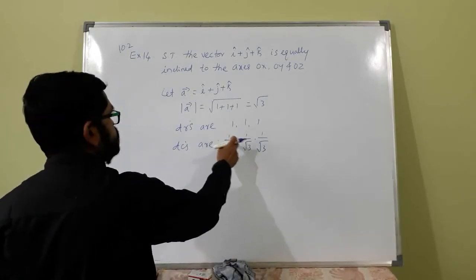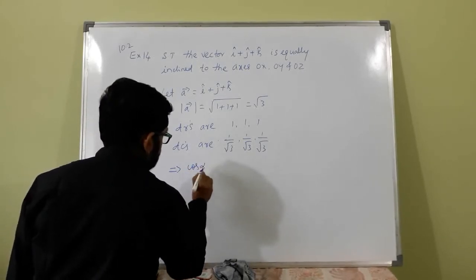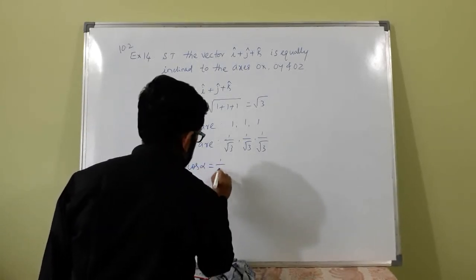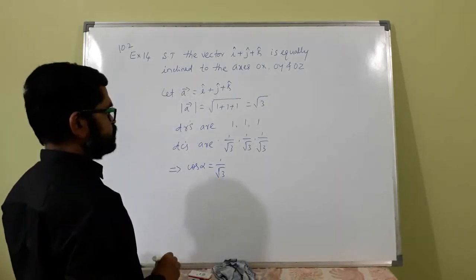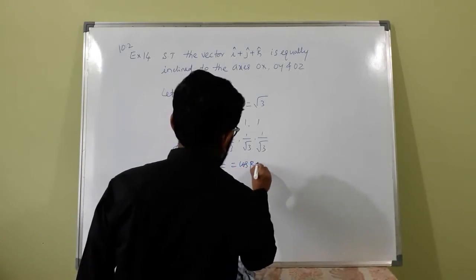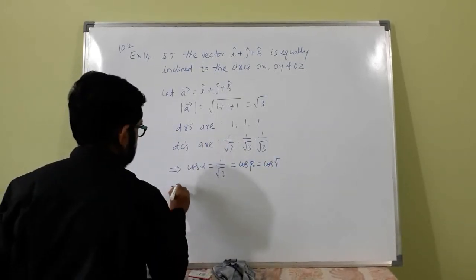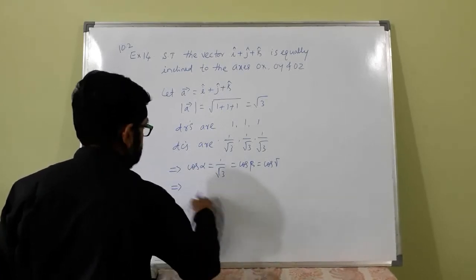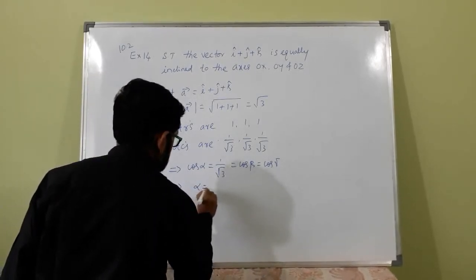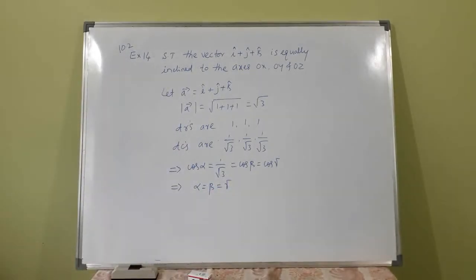So cos alpha is equal to 1 by root 3, cos beta is equal to 1 by root 3, cos gamma is equal to 1 by root 3. That implies alpha is equal to beta is equal to gamma. Therefore the vector is inclined equally to x, y and z.